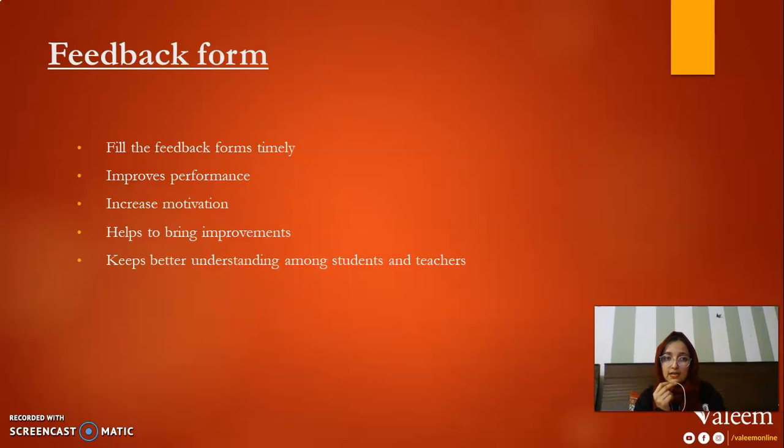Feedback form helps to improve the performance of the teachers, and it helps the teachers to bring improvement in their method of teaching and in her or his lectures. It also increases motivation among the students and teachers. It keeps better understanding among the teachers and the students.